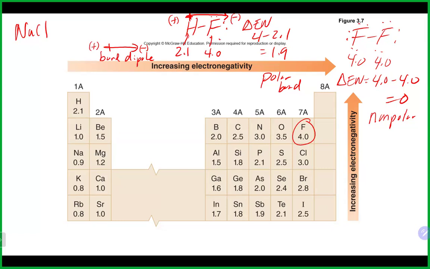Now, lastly, here we have sodium, which is 0.9 on the electronegativity scale, and chlorine, which is 3. Once again, taking the larger number minus the smaller number, 3 minus 0.9 gives us 2.1. That 2.1 is above 2, and that would tell you it's an ionic bond.